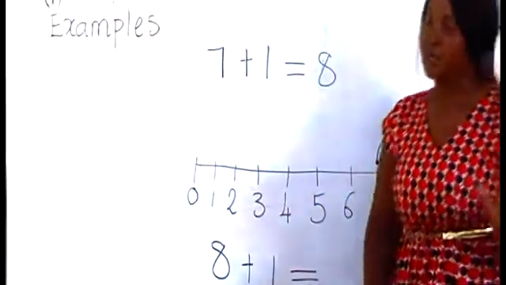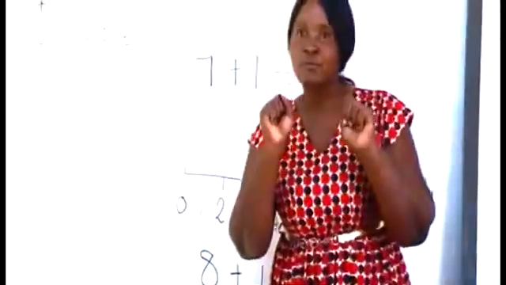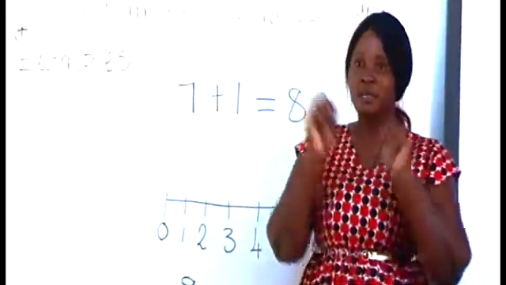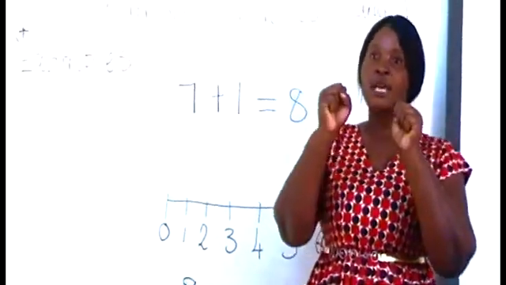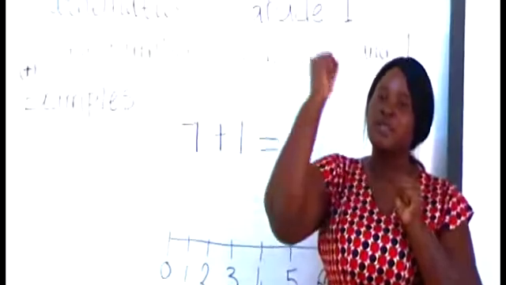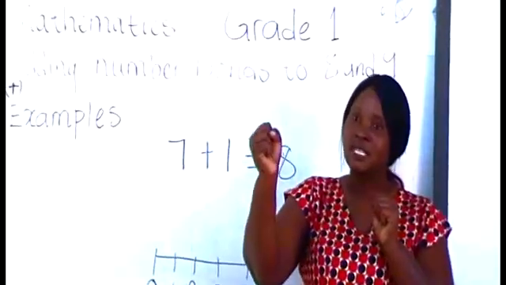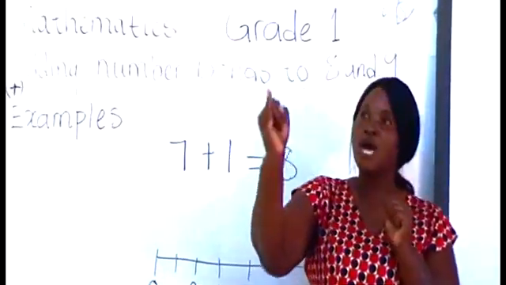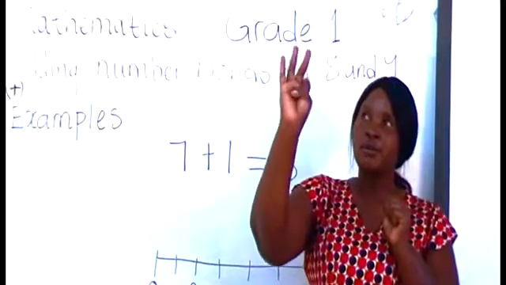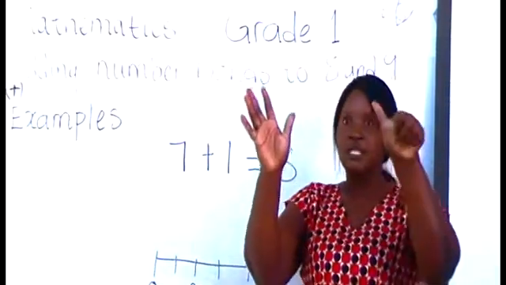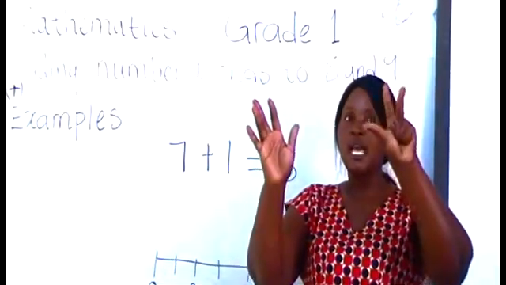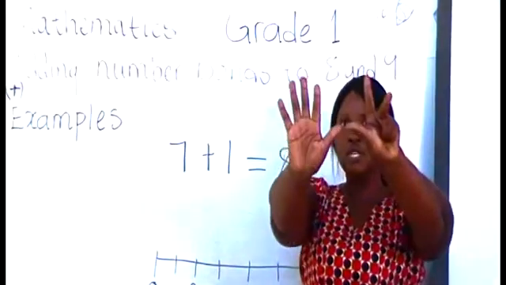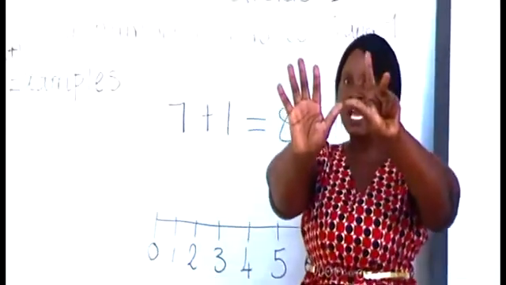So we are going to count 8 fingers, starting with the fingers on the right hand side. Let us count 1, 2, 3, 4, 5, 6, 7, 8. These fingers all together are 8.